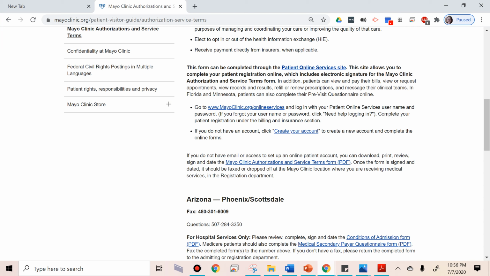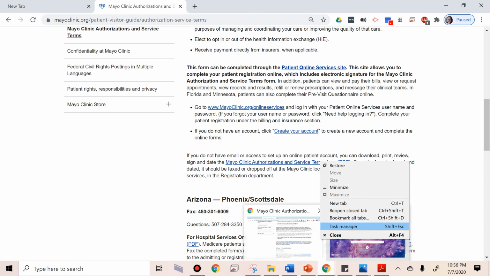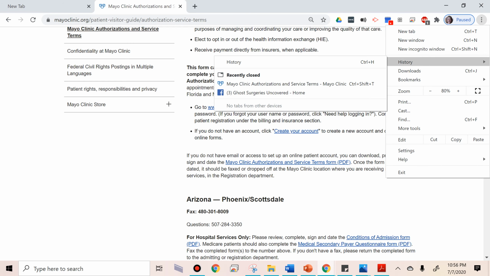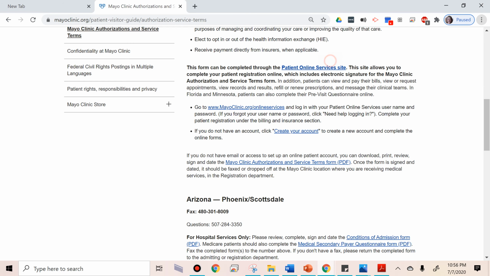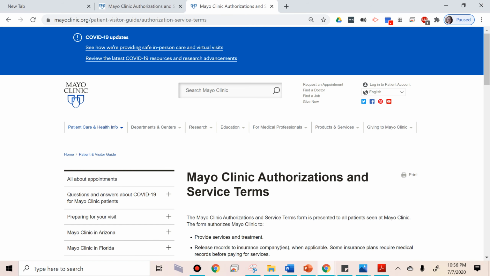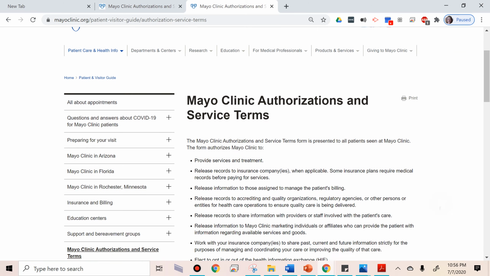So I'm going to go back to my browsing history again, because now what I want to show you is that this is the exact same link to this Mayo Clinic Authorizations and Service Terms.